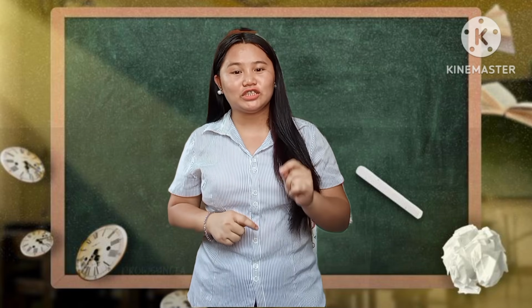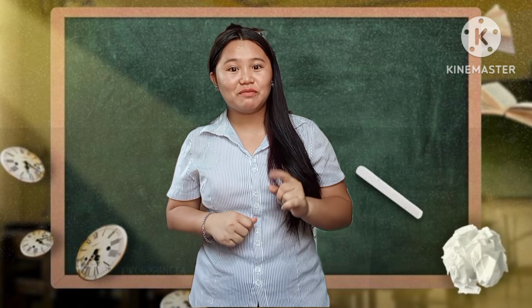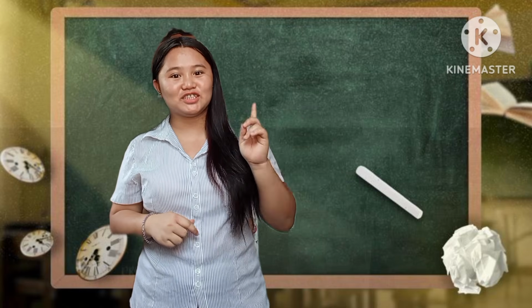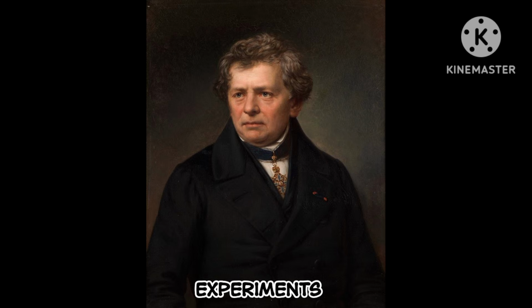The relationship between voltage, current, and resistance was discovered by a German physicist named George Simon Ohm in the year 1827. Through many experiments using metal wires, he discovered that electricity follows a pattern. He proved that the flow of electricity can be measured and predicted mathematically.